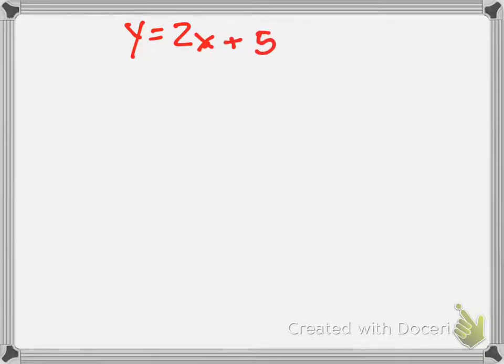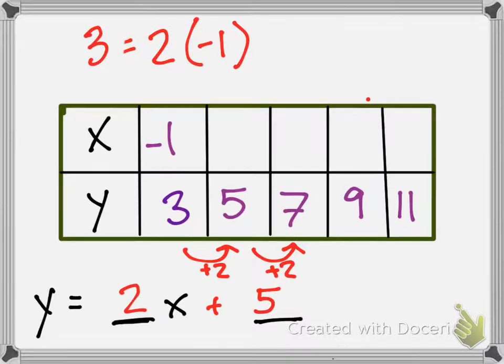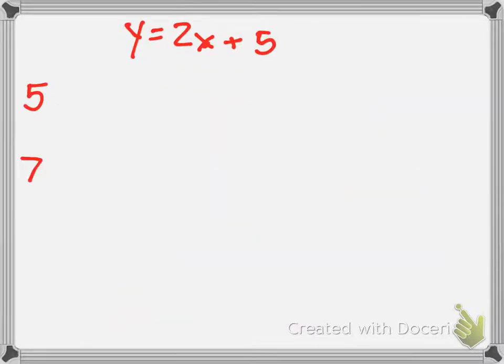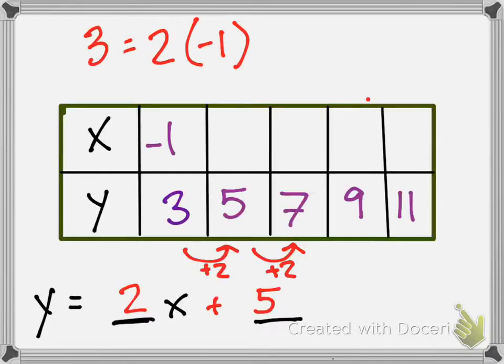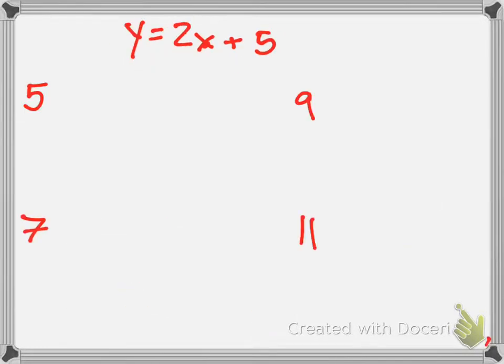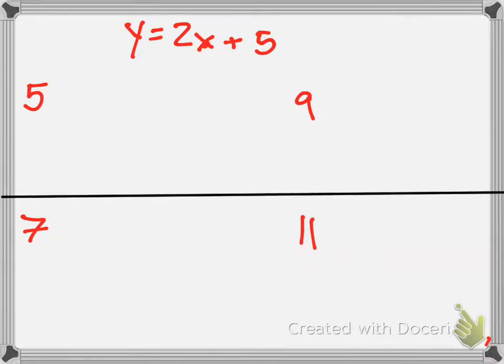And I'm going to fill in all of my y values. 5, because I have a 5. 7, because I have a 7. I'm going to make it spaced out more. 7, we got a 9, and we got an 11. So I want you guys to use the formula and solve for me.